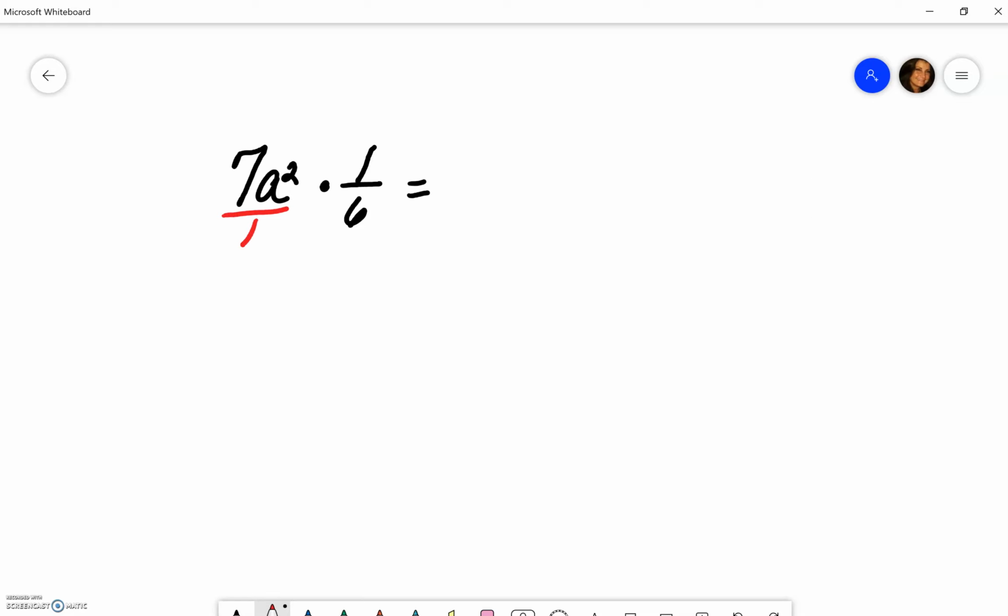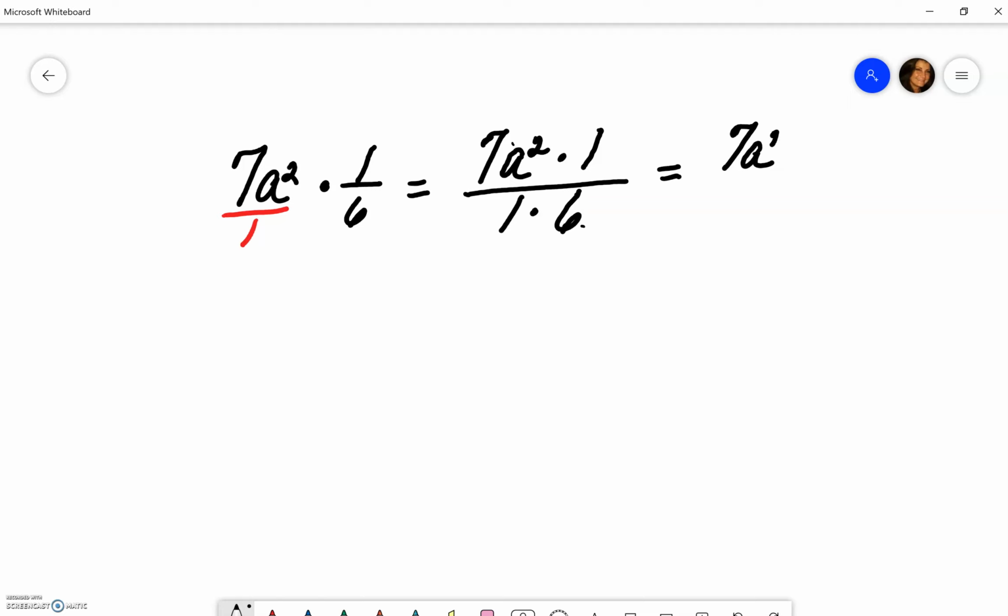To rewrite it as one fraction, it would be 7a squared times 1 over 1 times 6. When we multiply across, there's nothing we can do to reduce anything any further, so the final answer is just 7a squared over 6.